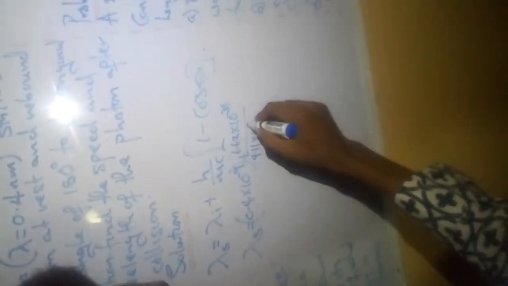We're dealing with an electron, so you should know the mass of an electron: 9.11 times 10 to the power minus 31 kilograms, times the speed of light, 3.0 times 10 to the power 8, into bracket 1 minus cos 150.